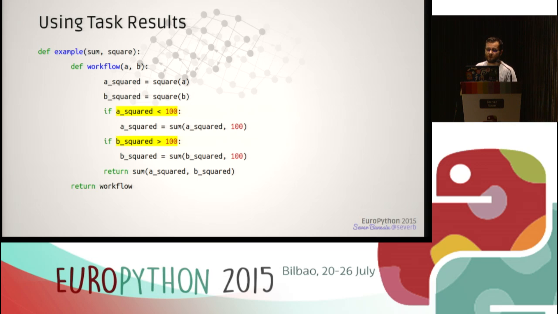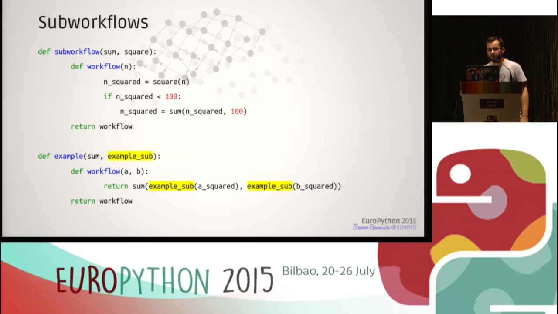And this is kind of a problem, but it can be solved with something that is called a sub-workflow. So here I refactored the code that did the processing for each number in part in a sub-workflow. And then in the main workflow, I'm using the sub-workflows as I would use a regular task. And this way they can all happen in parallel.